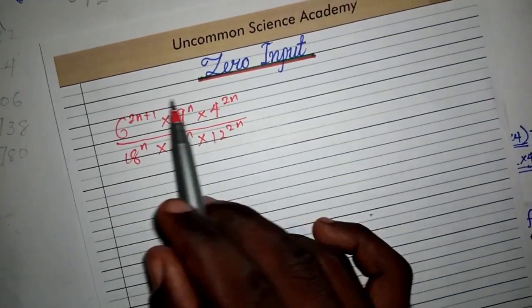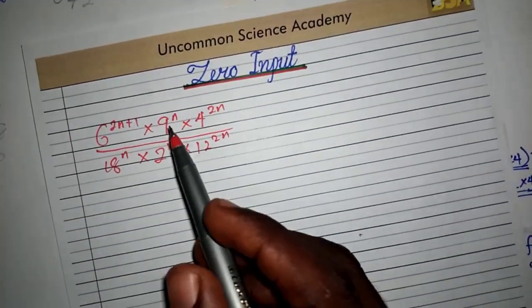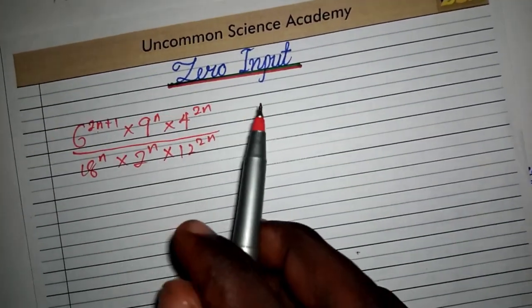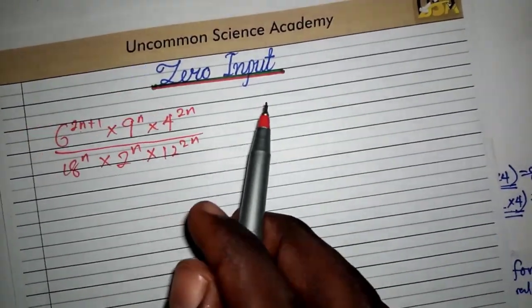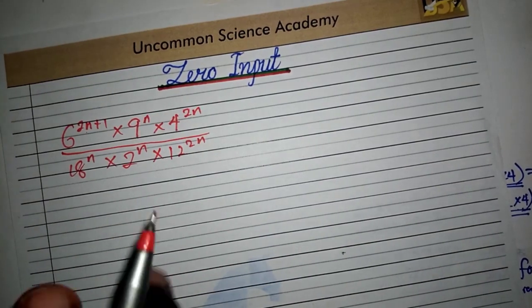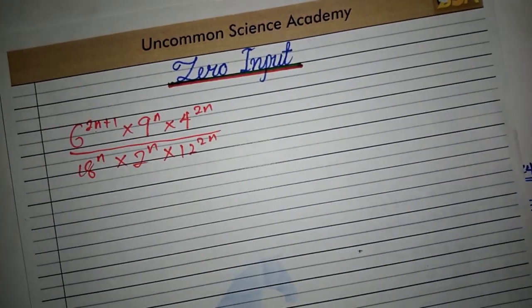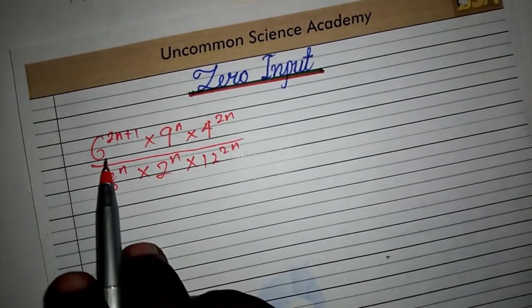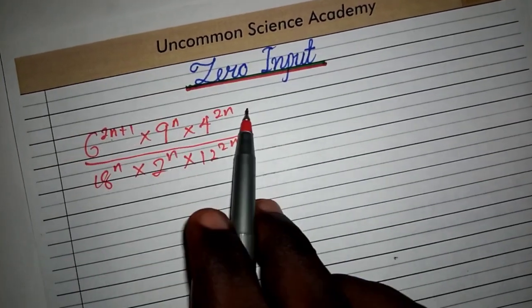Whenever you have an initial expression and the unknown happens to be the power, listen to the conditions. Number 1, it must be an expression. Number 2, the unknown must be the power.